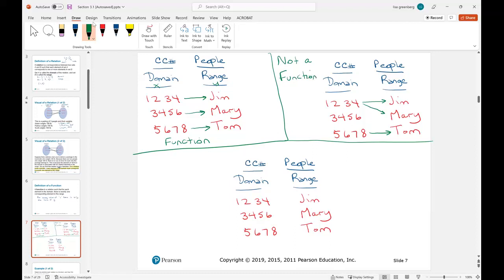So that 1, 2, 3, 4 actually belongs to Jim and Mary. And let's say that Jim and Mary don't know each other. They're not on the same credit card because they're husband and wife or anything like that. They don't know each other, but they both have the same credit card number.